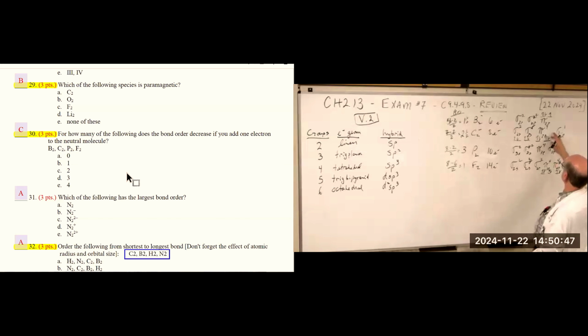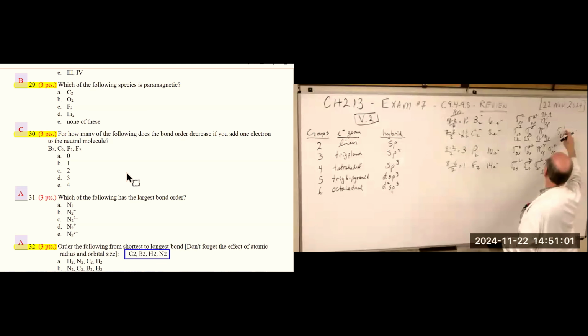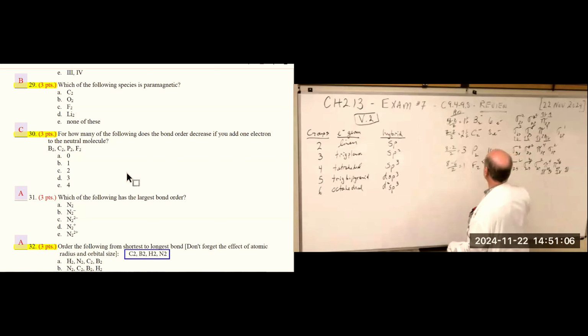What was it to begin with? It was 6 minus 2 is 3, 1.5. That should only be 2 then. 7 minus 2 is 5. Well, that messes me up.